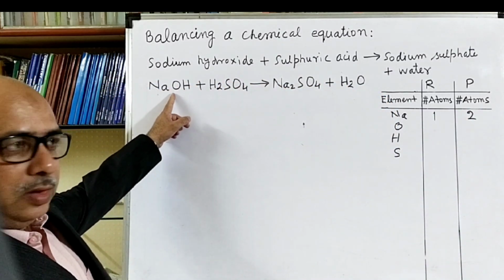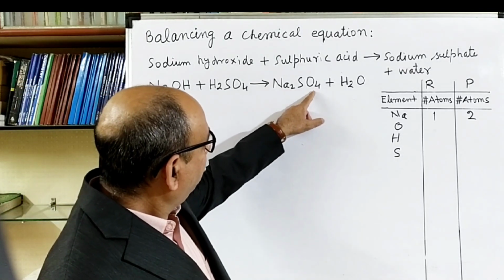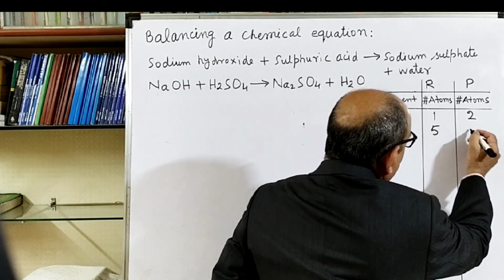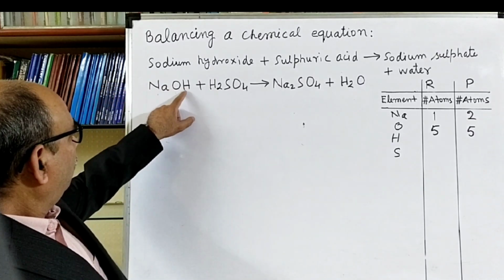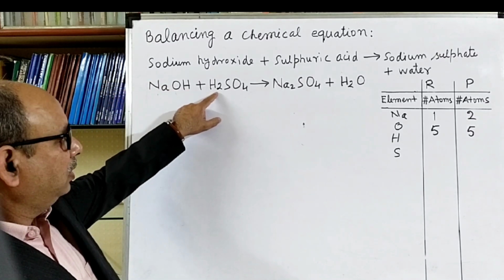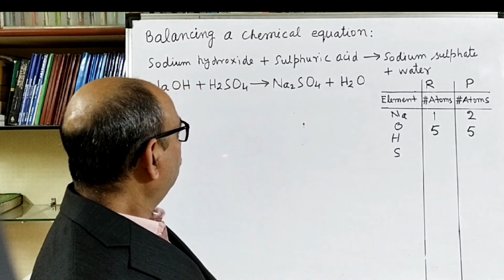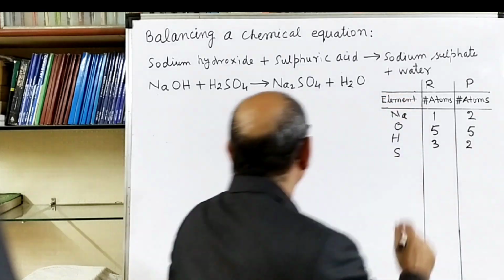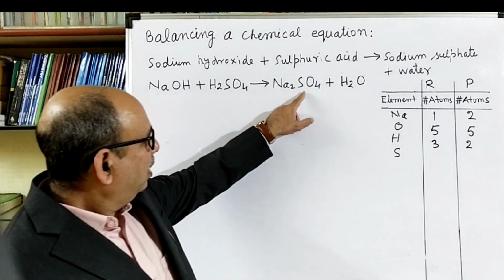Oxygen: 1 is here, 4, 5, and here 4 plus 1, 5, and then 5. Hydrogen: 1 plus 2, 3, and here hydrogen is 2. Number of sulfur atoms, 1, 1.